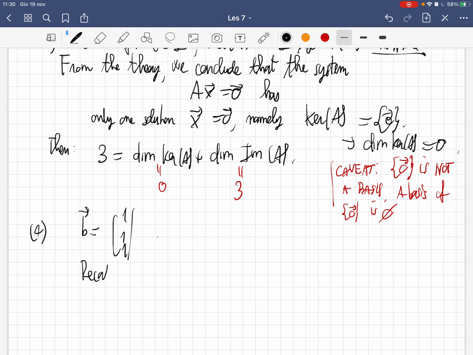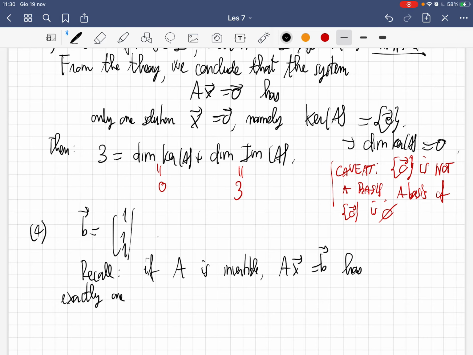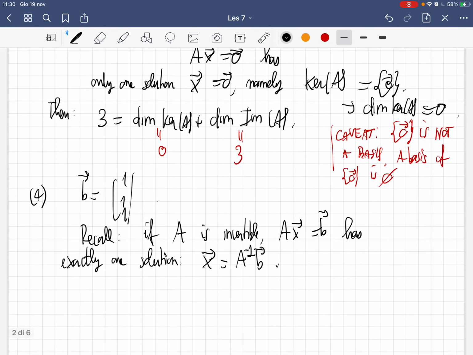Recall the theory tells that if A is invertible, this is general, the system Ax equal to B has exactly one solution, and it's given by taking the inverse and computing this product. It's not important what this actually is. The important thing is that you have a unique solution, and this you know from the theory.